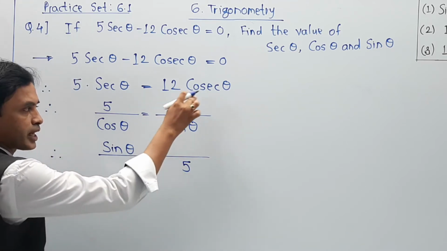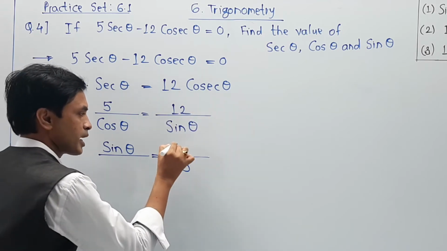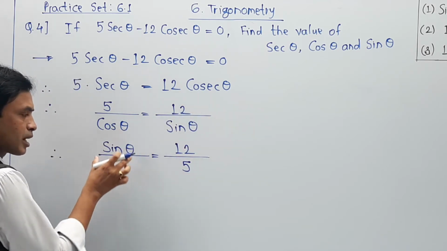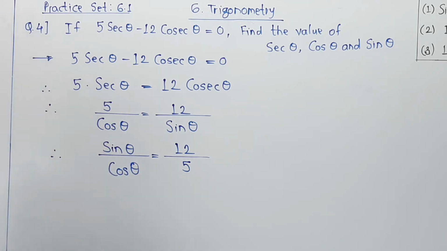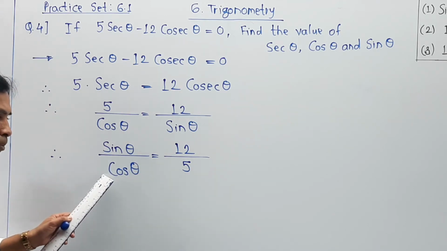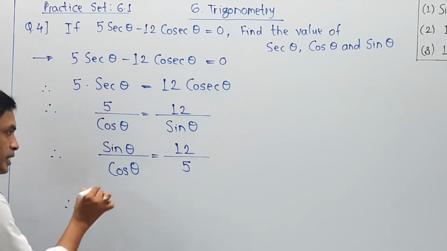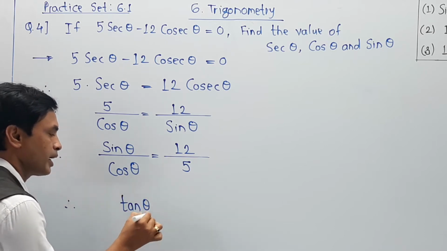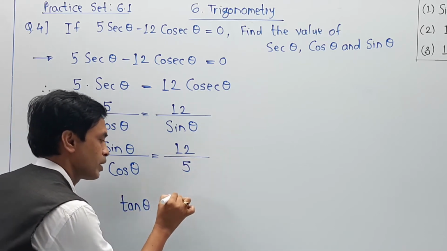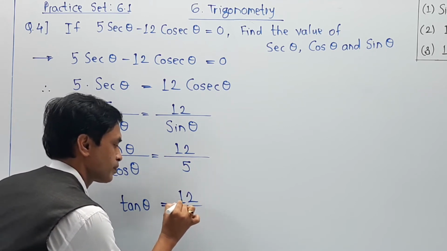The rest, 12 and cos theta, stay as they are. This is the main tricky step: sin theta upon cos theta is nothing but tan theta, and this value of tan theta is nothing but 12 by 5.